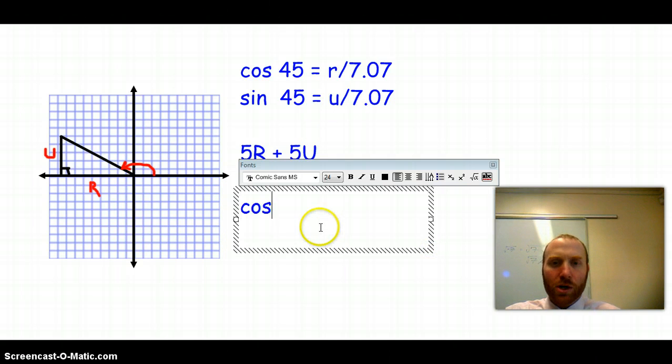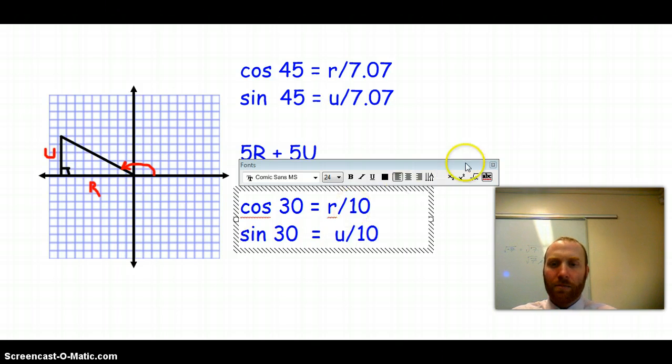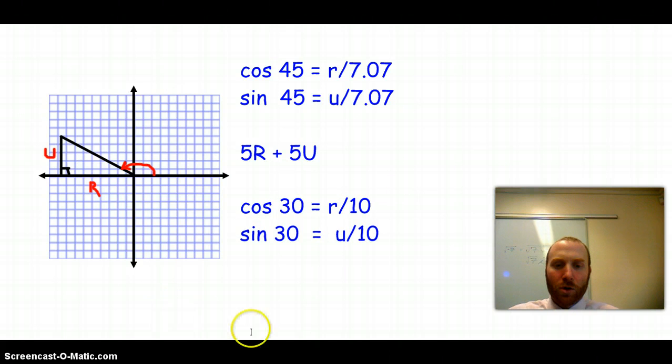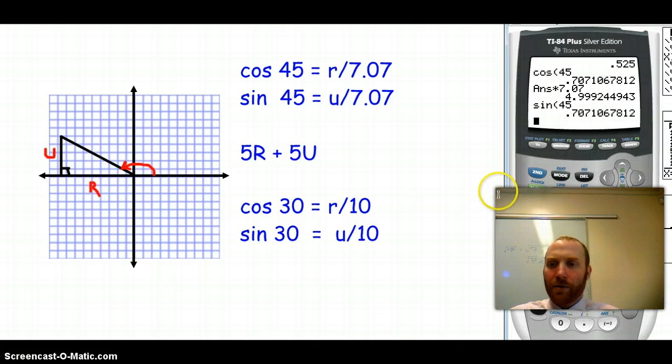So the cosine of 30 degrees is going to be equal to r divided by 10. We're going to have the sine of 30 degrees equal to u divided by 10. When I type these into my calculator, I'll get cosine of 30 is equal to that.